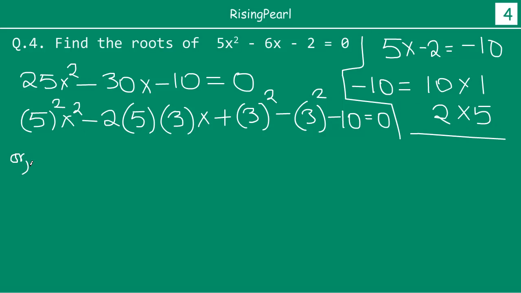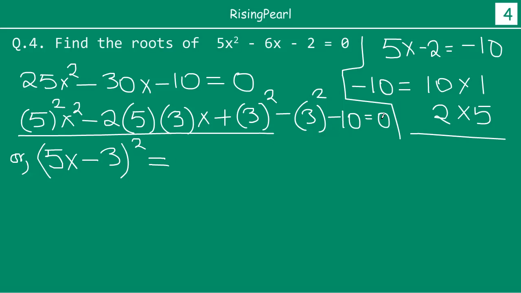Let us just make sure that we block this out. So our equation will be now 5x minus 3 whole square. The first 3 terms have been taken into account. Now let's get these terms on the other side.